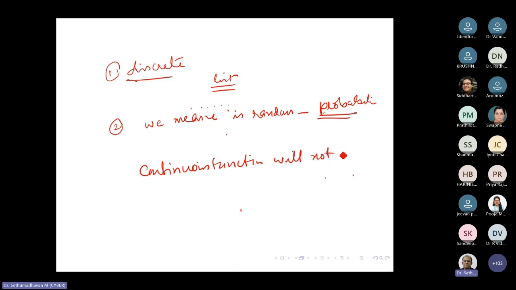A function requires a single value, and continuity is not there because it is discrete. So you require a new strategy, something new to define and explain the variable in quantum mechanics. A continuous function will not work.